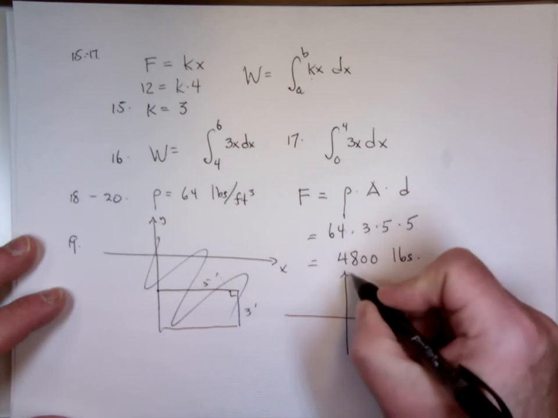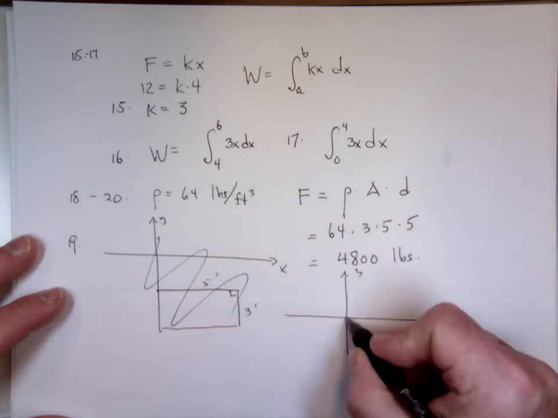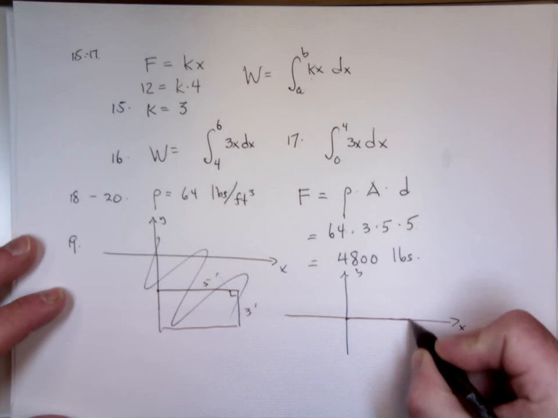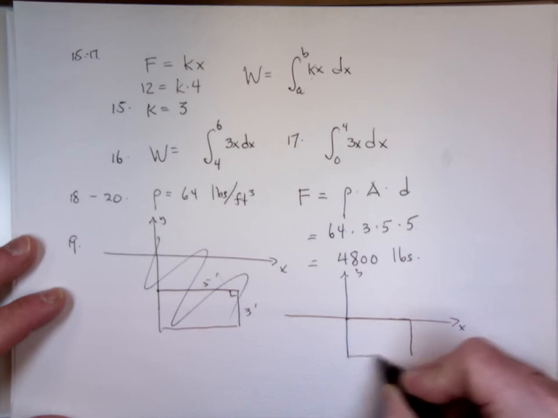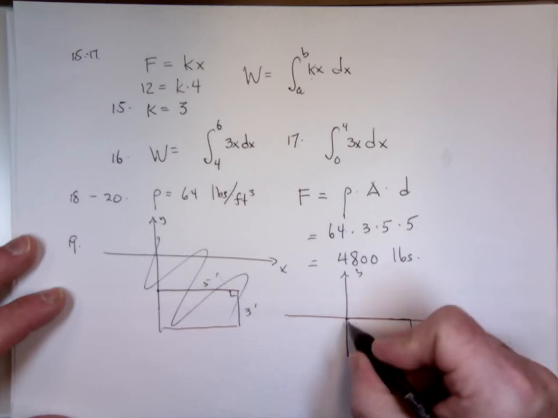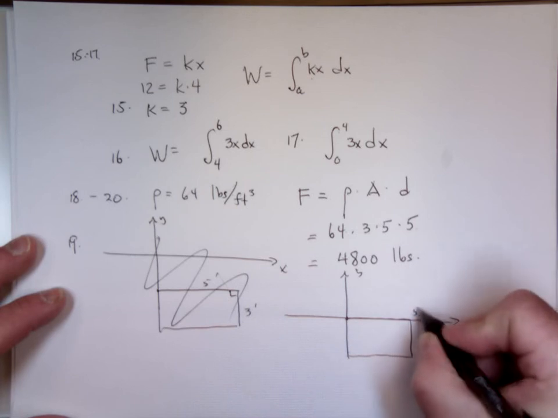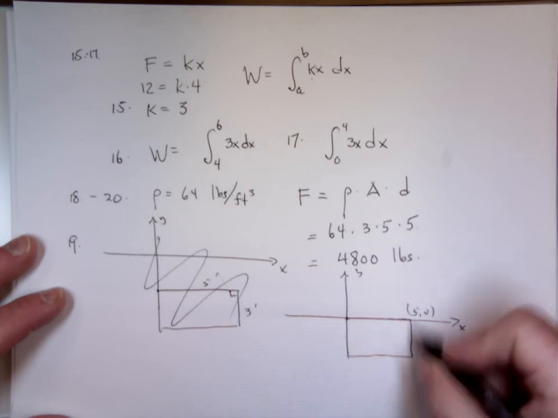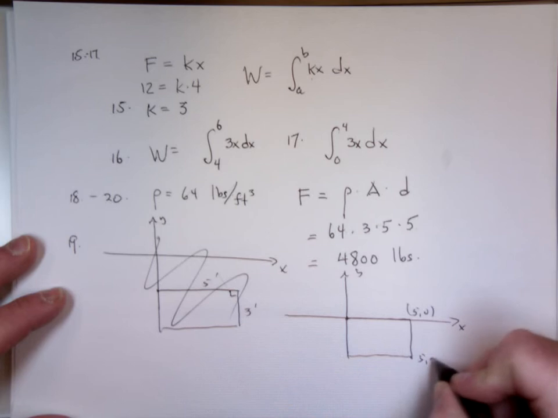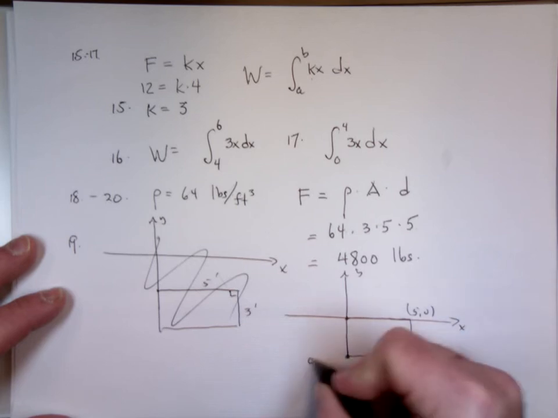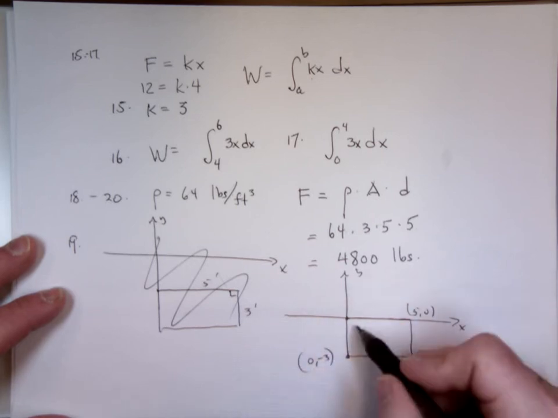Okay, it's right here. Yeah, it's right at the surface here. Okay, this is your 5 feet. It's 5 foot side. This is your 3 foot side. Okay, this is what we have. It's got a vertical orientation now, this way.